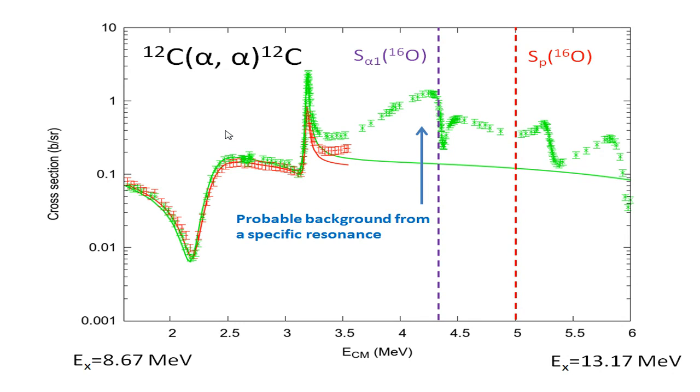So the final particle pair in this case is a carbon-12 in an excited state, a 2+ state, and an alpha particle. So after this point, the states may have significant widths in this channel, right? And that, in principle, could change the fits.